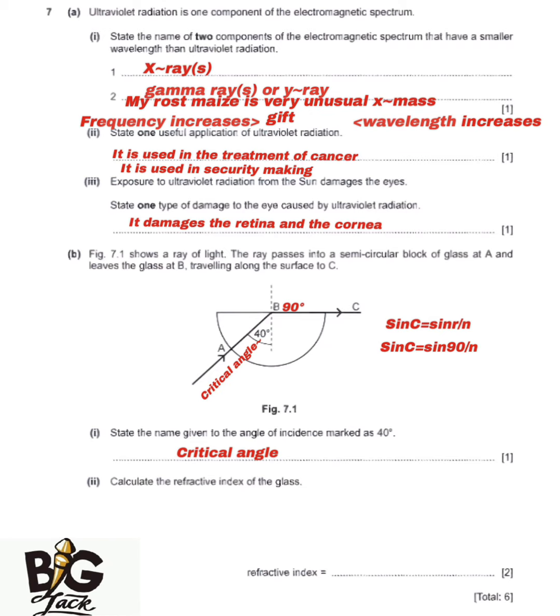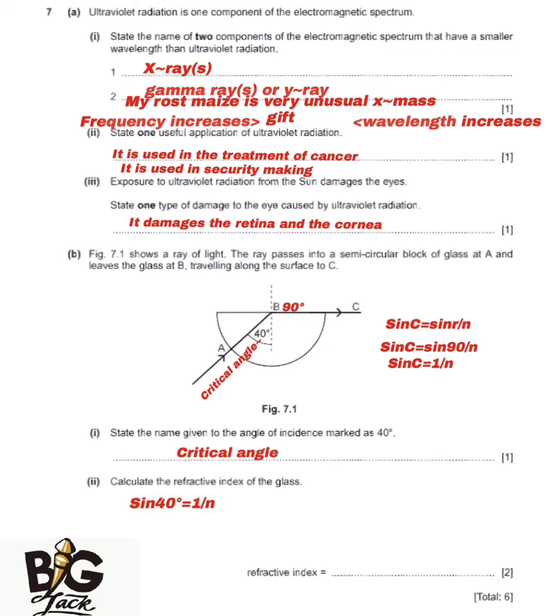So the formula we are going to use is: sine critical is equal to 1 over refractive index. The critical angle here is 40 degrees, so sine 40 is equal to 1 over refractive index.